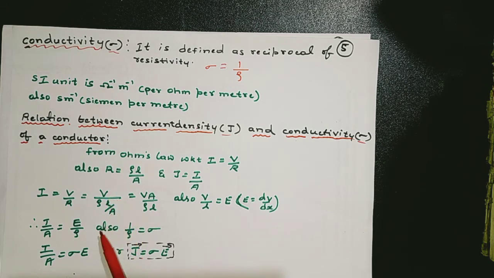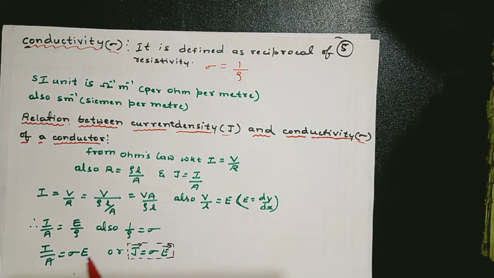Also, if I consider V by L on the left hand side, you know that V by L is equal to E. We had derived in electrostatic potential and capacitance that E is dV by dx. dV is the potential difference, dx is the distance or displacement. So here also E is written as V by L. V is the potential difference, L is the length.